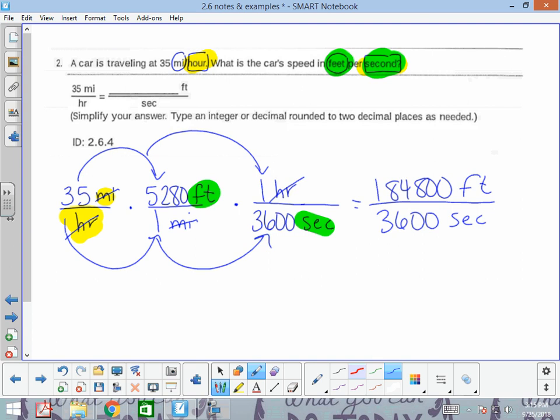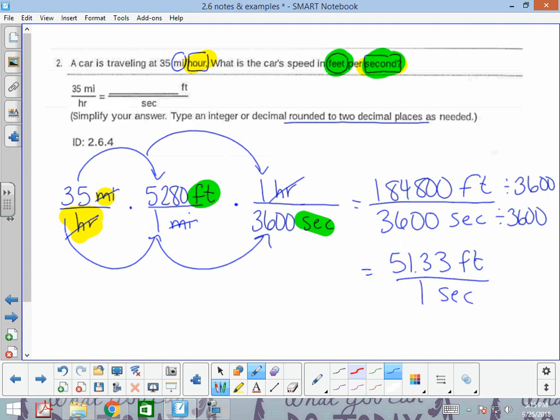We're going to divide by making that bottom number a 1. So whatever that bottom number is, that's what we're going to divide by. So we're going to divide the top and the bottom by 3,600. We're just going to round to 2 decimal places. So that will be 51.33 feet on top over 1 second on bottom. Now usually they don't write the 1 on the bottom, so that's the way that one works.